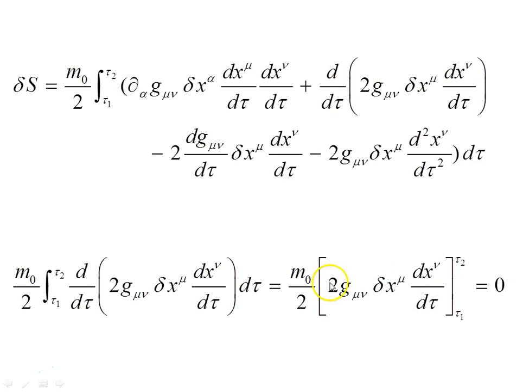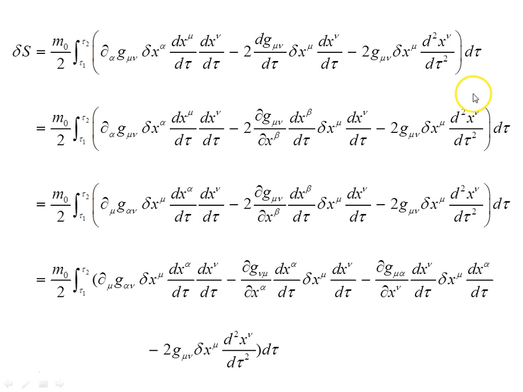So this part on the endpoint here, there's no variation, so this delta x mu at these endpoints, tau 1 and tau 2, is 0. So this whole term is going to drop out of the integral because there's no variation at the endpoints. That now leaves us with this object here.